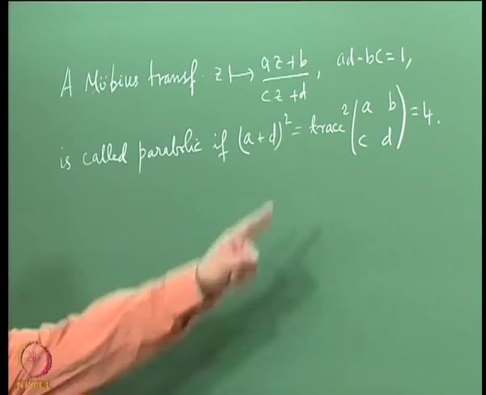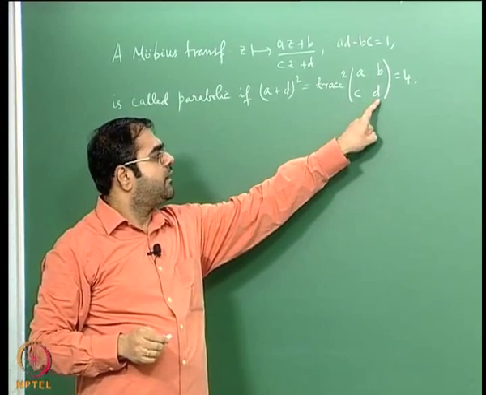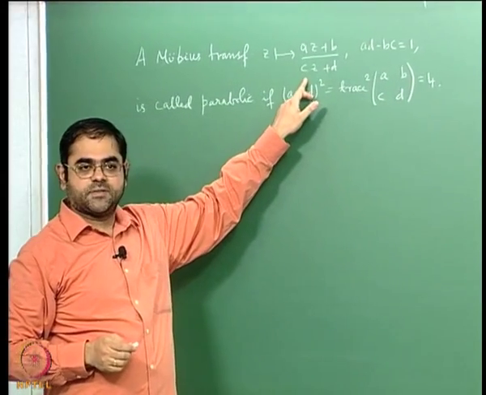So this matrix abcd is a representative of this Moebius transformation in SL2.